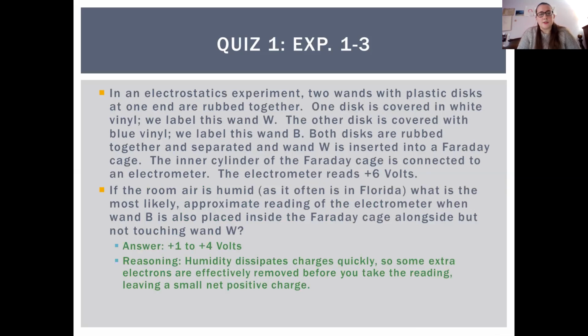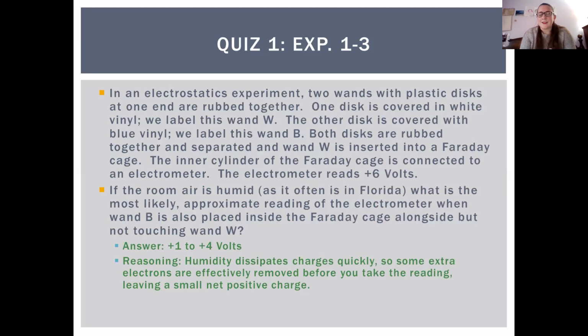All right, next question. Again, from the electrostatics experiment. Again, we rubbed those 2 wands together. The white one, the blue one, rub them together, and then we separate them and put them into the cage separated. And we see 6 volts. I'm sorry, the white wand is put in the cage, and we see positive 6 volts.